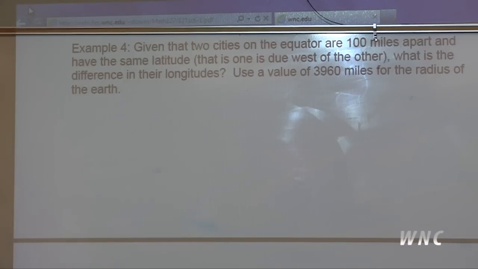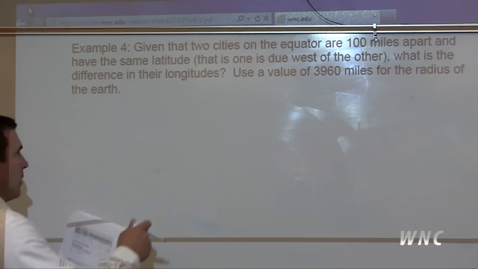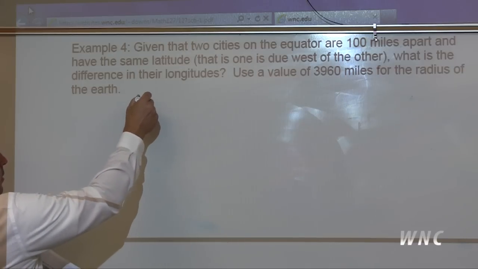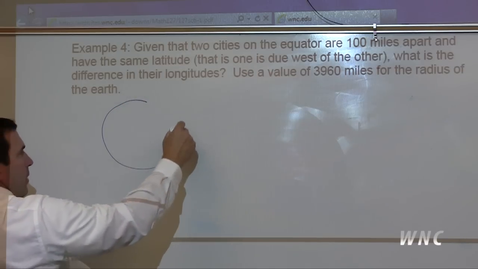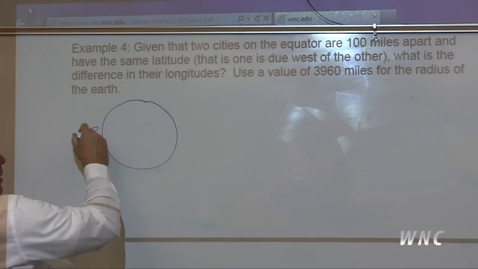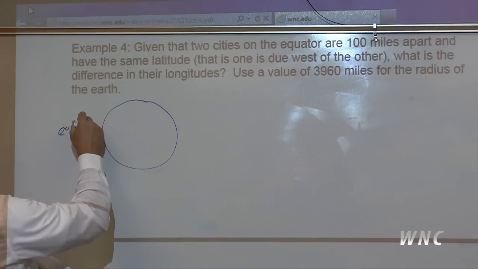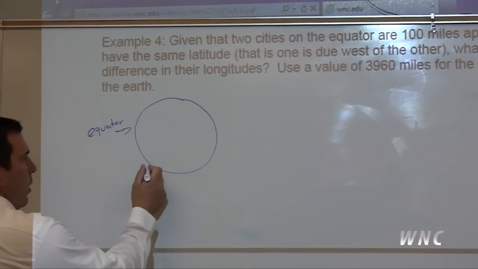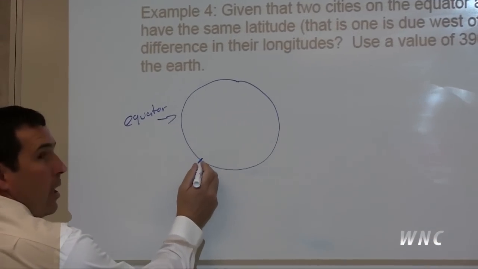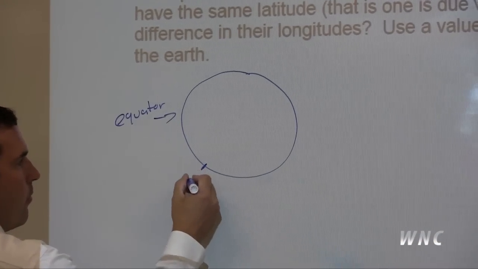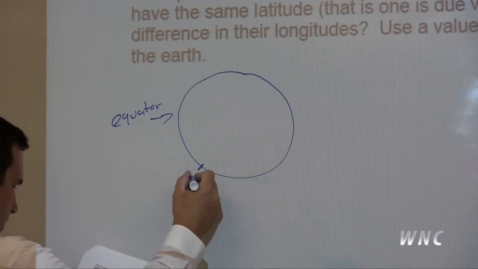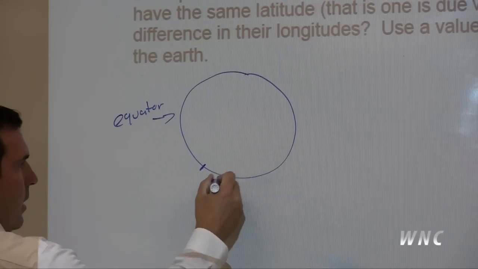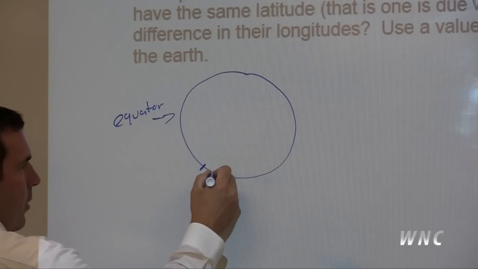Use a value of 3,960 miles for the radius of the Earth. So think about this. Here's the Earth. We sliced it in half, and so this is the equator. We have a city. I'm going to exaggerate this because 100 miles will not look like much on the globe. So here's the city, and let's say here's the other city, so that they're 100 miles apart.